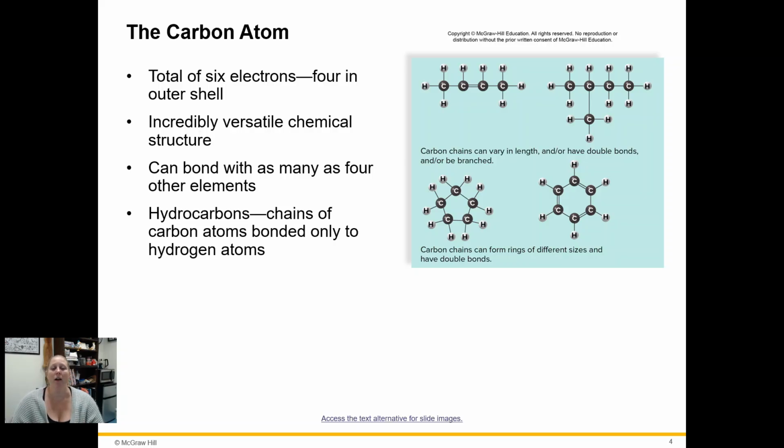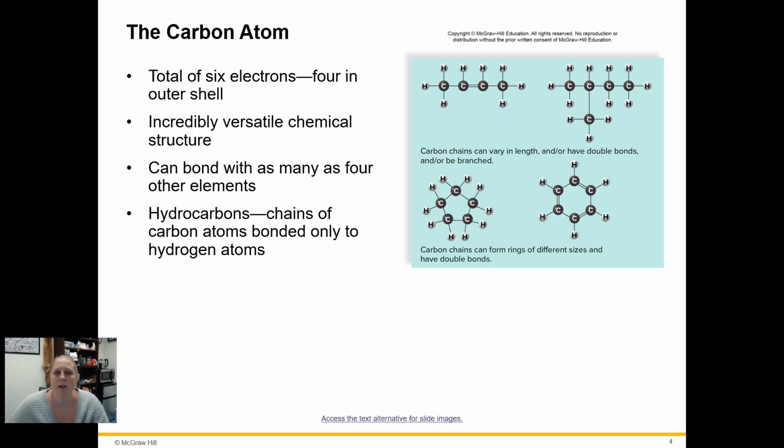Now, carbon doesn't like to donate or receive electrons. It doesn't like to form ionic bonds. It always forms covalent bonds, which can be either polar or non-polar covalent bonds. Okay, carbon can bond with as many as 4 other elements, including other carbons, and it can form double and triple covalent bonds as well.